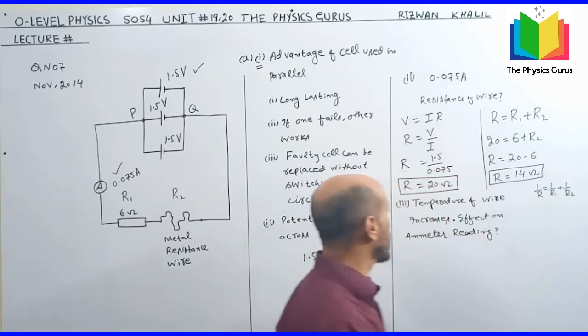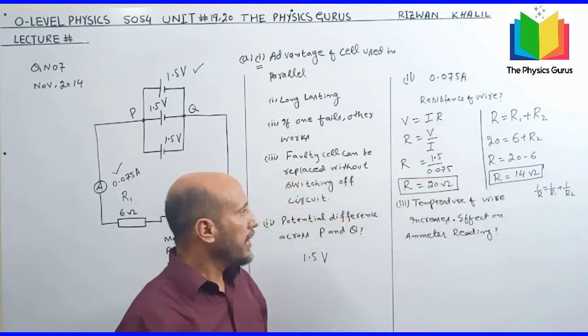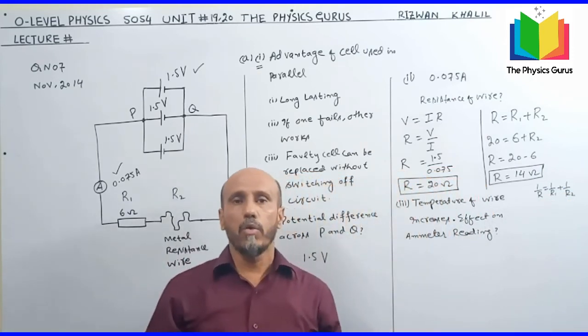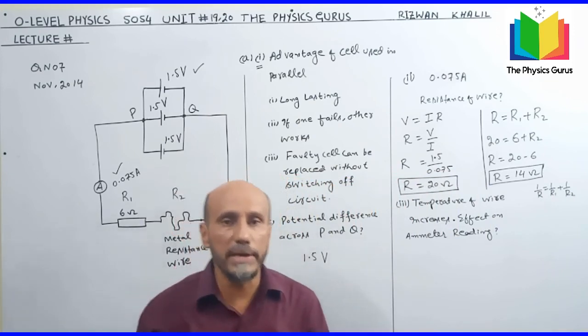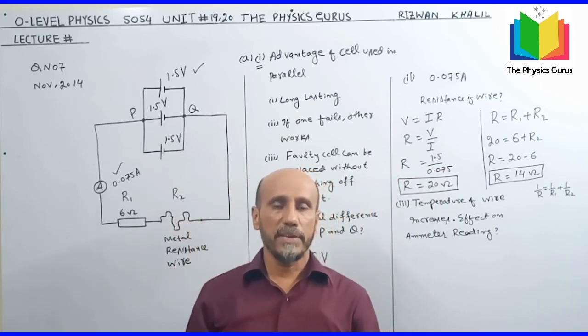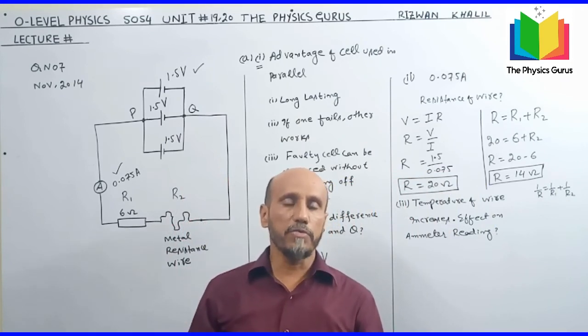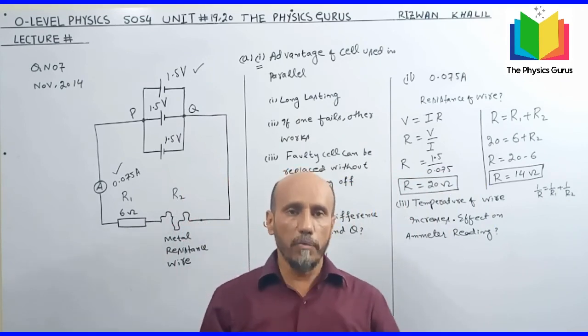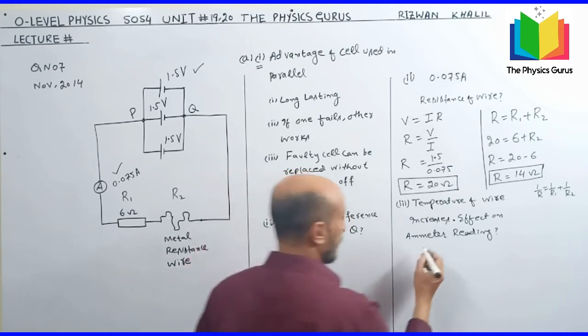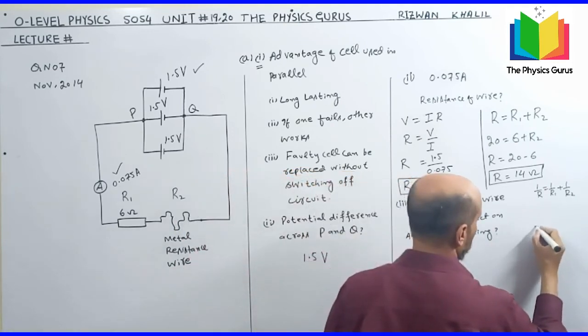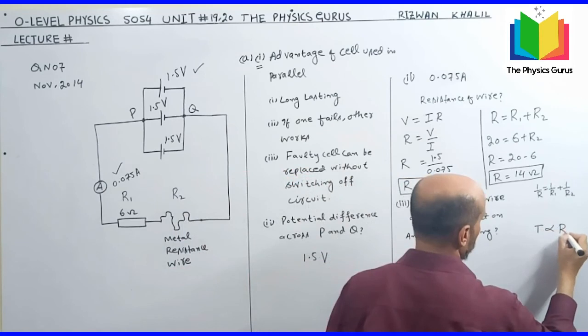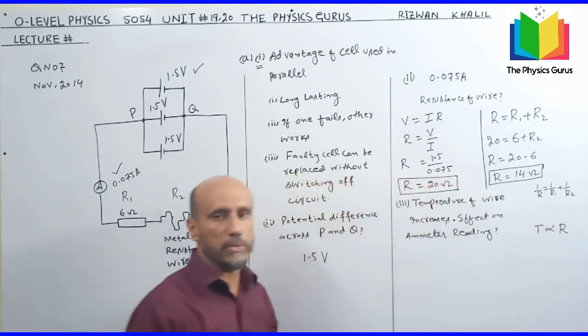combination of resistors. The next part: if the temperature of the wire increases, what is the effect on the reading of the ammeter? We have already studied that temperature and resistance are directly proportional to each other.